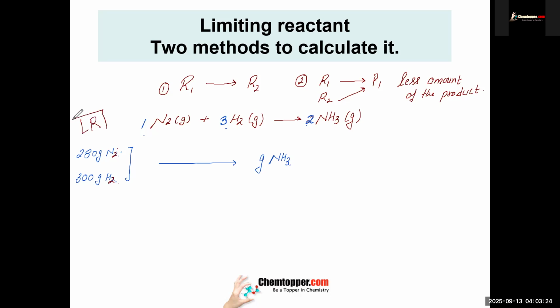Do not proceed without checking who is the limiting reactant. Because if you remember in the last class, I told you, limiting reactant is the king of calculations, right?